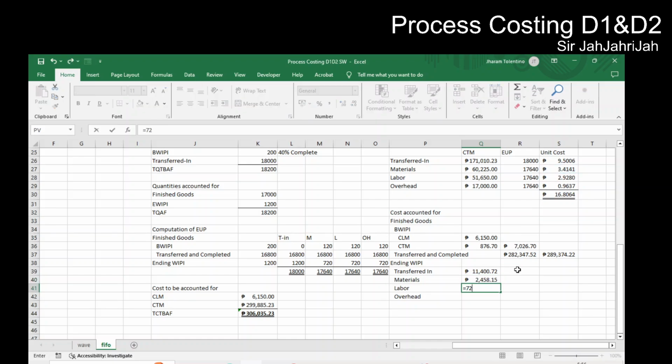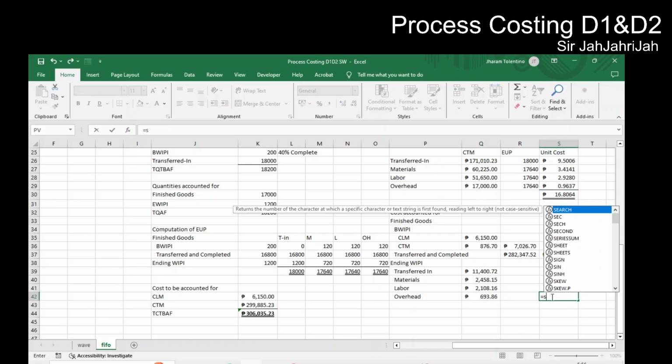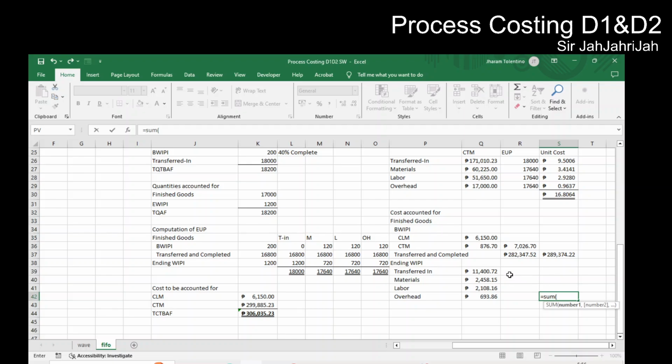We have 720 times 2.9280 and 720 times 0.9637. Okay, get the total. We have 16,616.